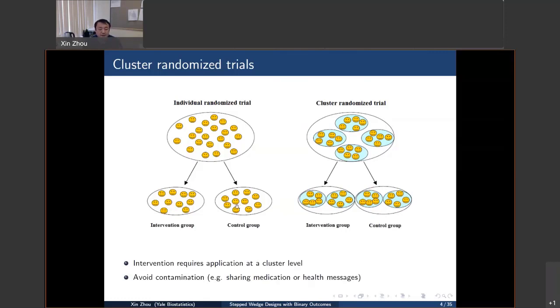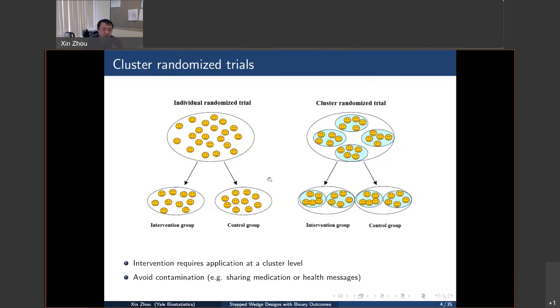However, in practice, some interventions have to be applied at a cluster level. Here, cluster means a group of people, such as a school, a hospital, or a household. And the PPIUD intervention I just introduced has to be applied at a hospital level.